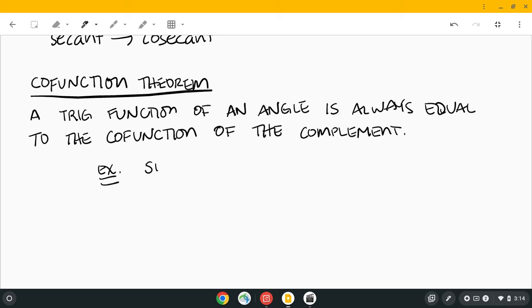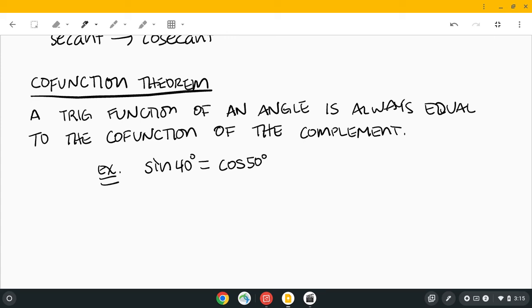So if I have sine of 40 degrees, we don't have that one memorized, but it turns out that sine of 40 degrees is going to be exactly the same as its cofunction. So if we have sine, the cofunction is cosine of its complement. So if we have 40 plus what makes 90? 50. Okay, 50 is the complement of 40.